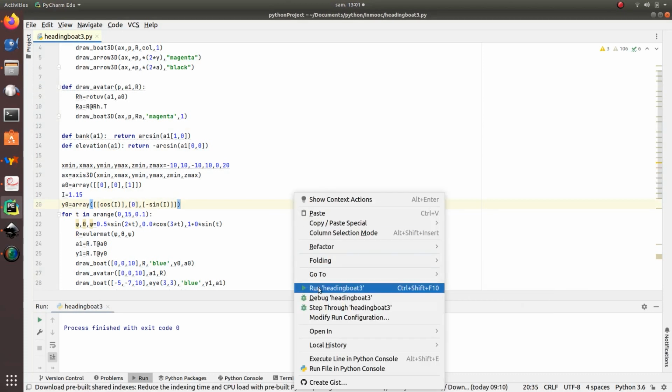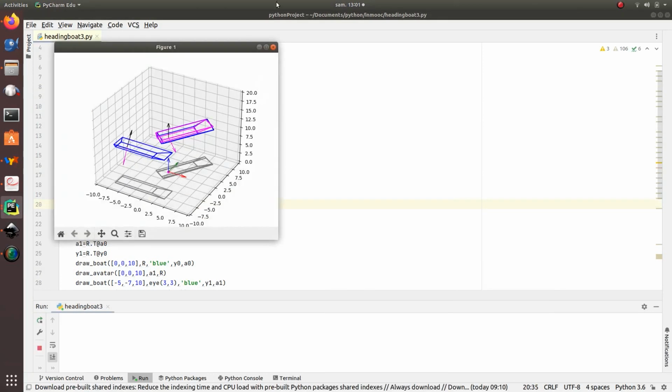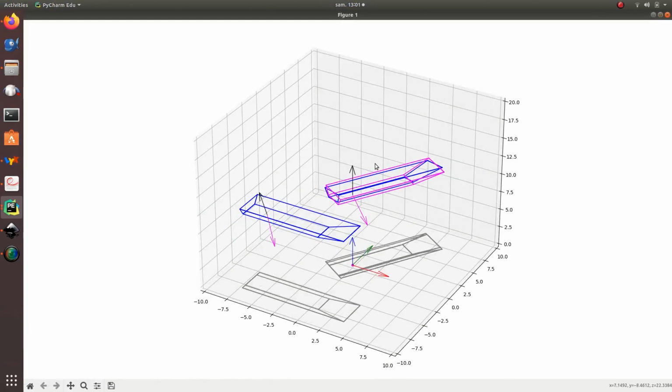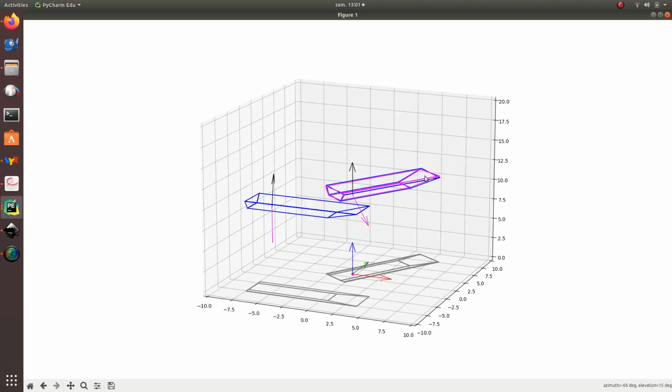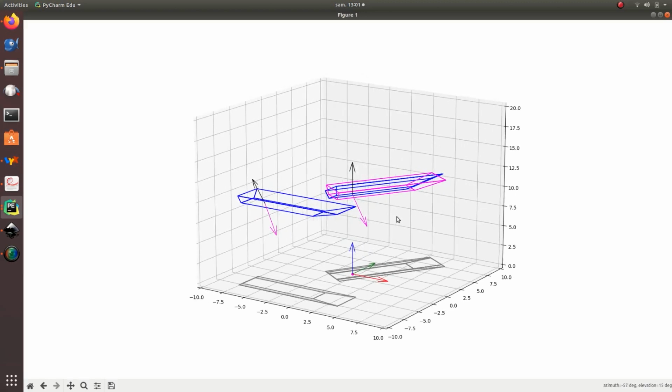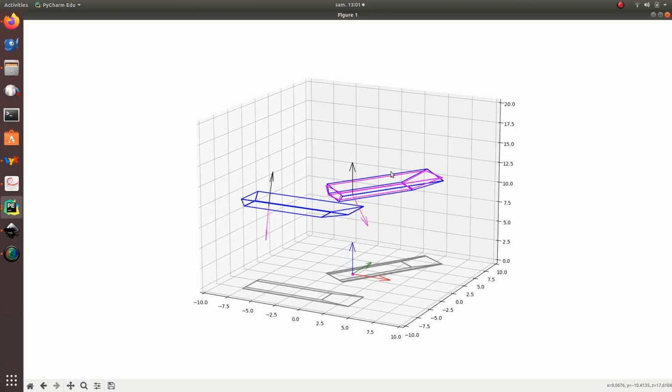If I run the program, I obtain this. We can see that in magenta, I have the projection. In this program, I only made a variation of the roll.